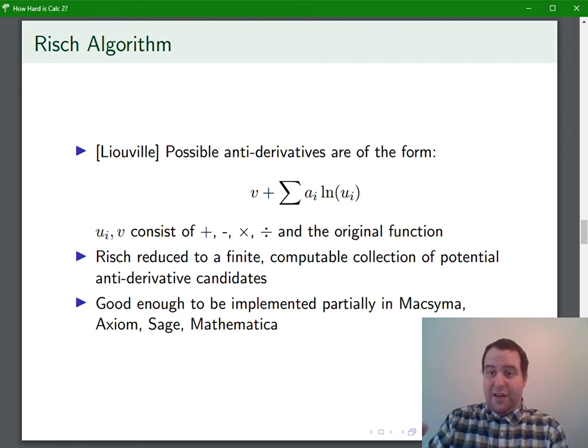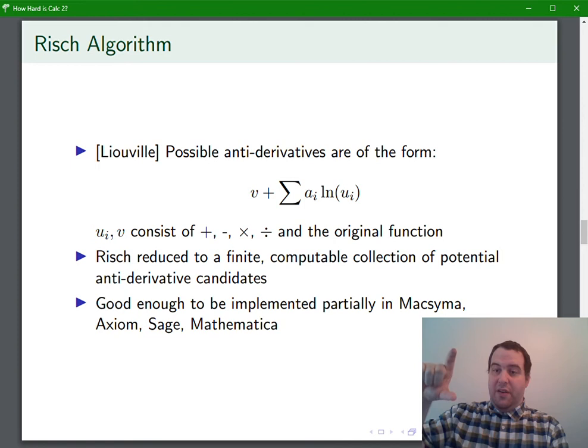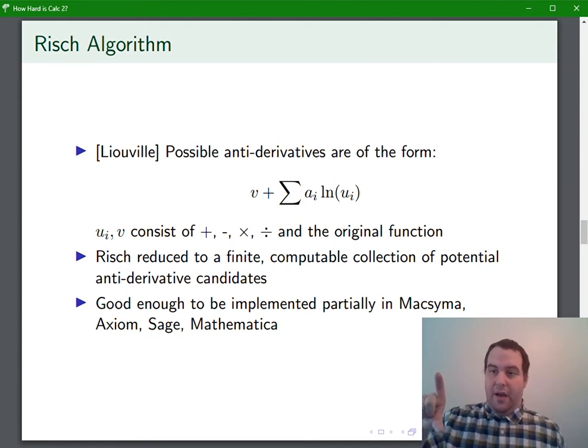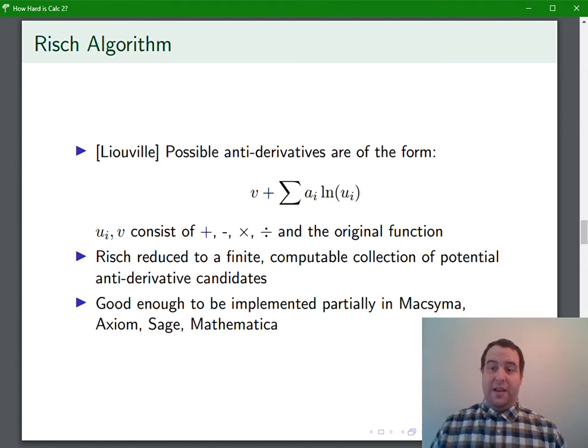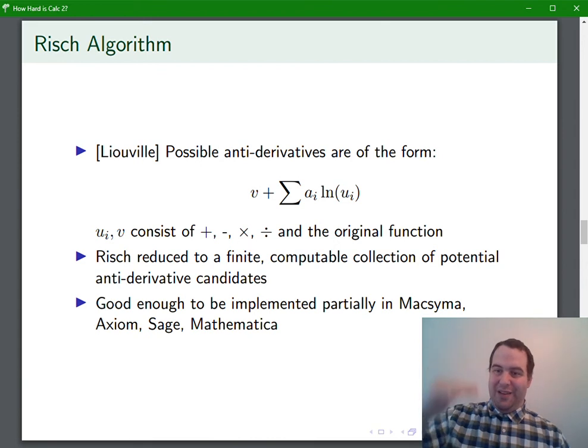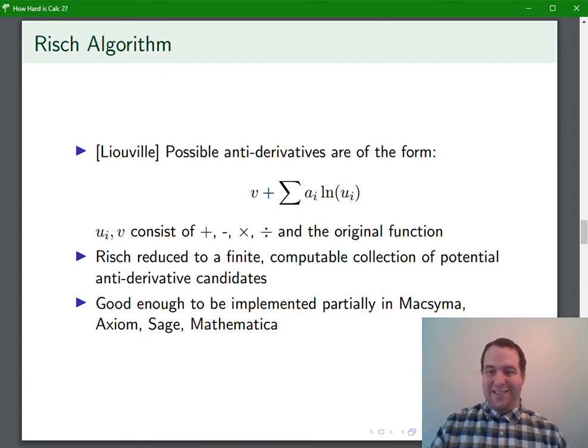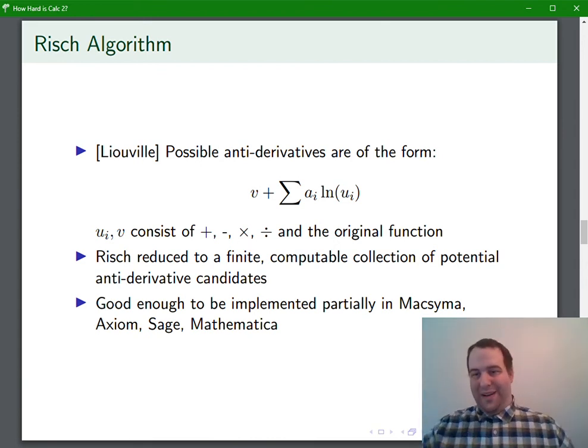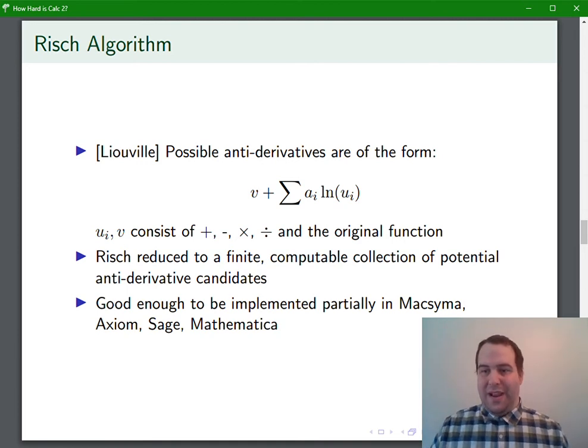And if none of the candidates on the list wind up having the problem as their derivative, then we know that the problem actually doesn't have an elementary antiderivative. So if it isn't on the list, then it doesn't exist. And so we say, well, there is no elementary antiderivative to this particular formula.